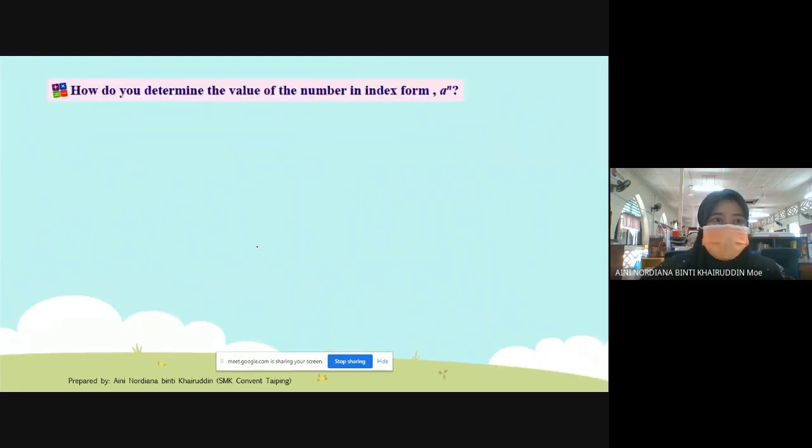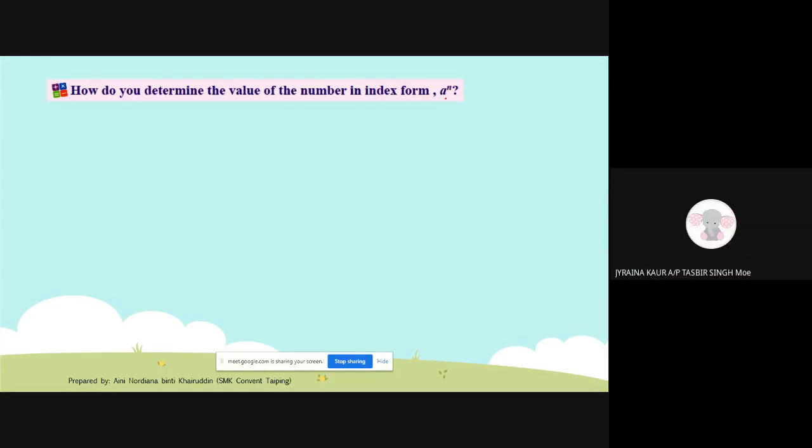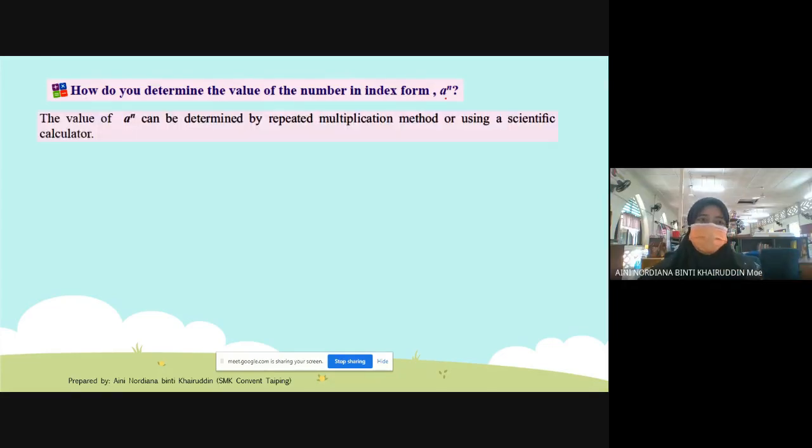Okay. How do you determine the value of a number in index form, a to the power of n? Am I going too fast? No, teacher. Okay. The value of a to the power of n can be determined by the repeated multiplication method or using a scientific calculator.